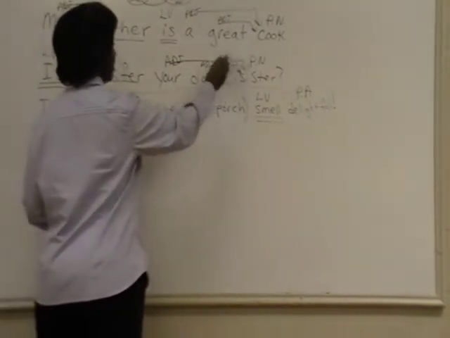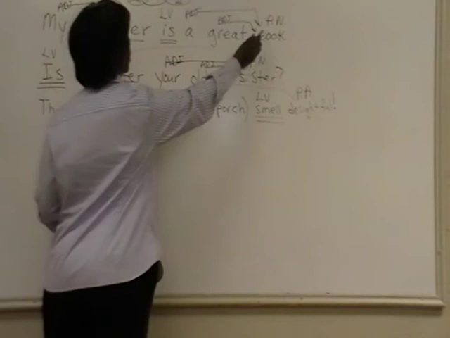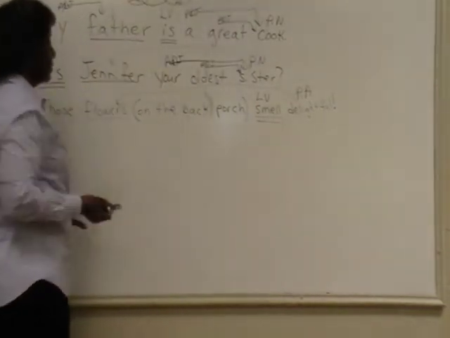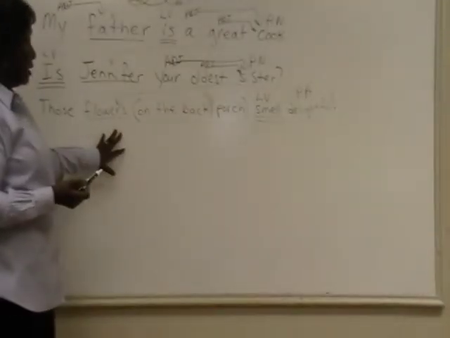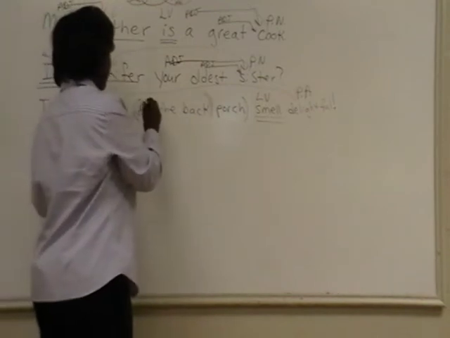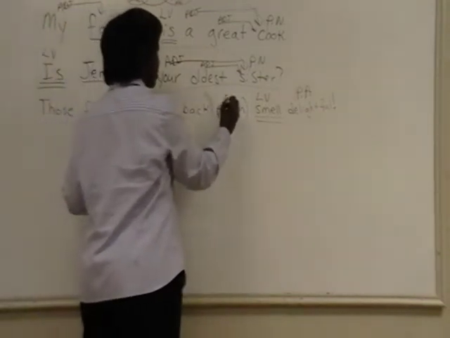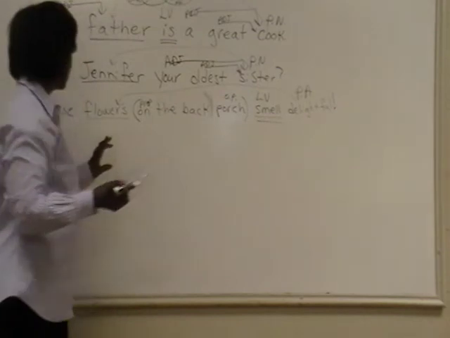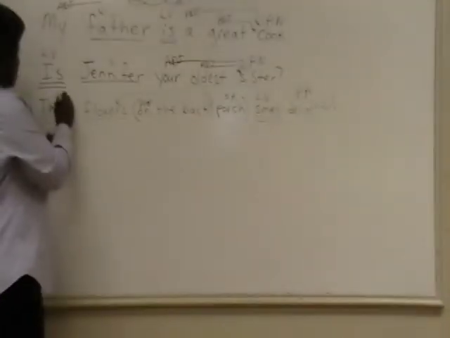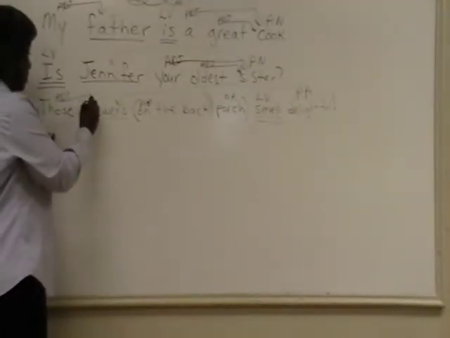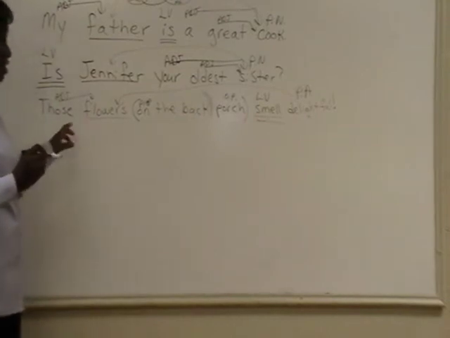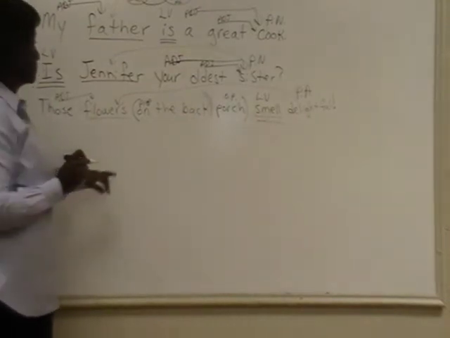Notice that sister's linking back to Jennifer, and the cook is linking back to father. So, remember you've got a prepositional phrase, so let's put prep over that, OP over here, and then our one-word adjectives. Those, even though it's a demonstrative pronoun, in this case it's a demonstrative adjective, because it's describing something.